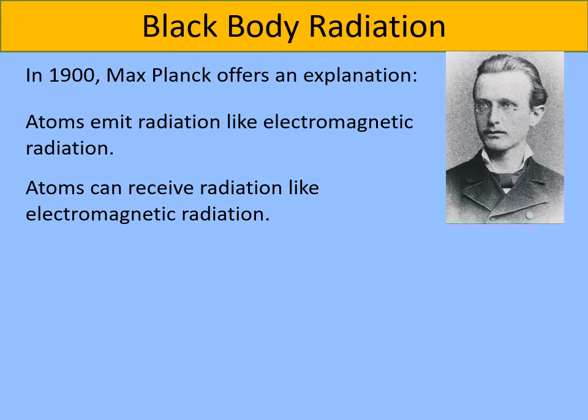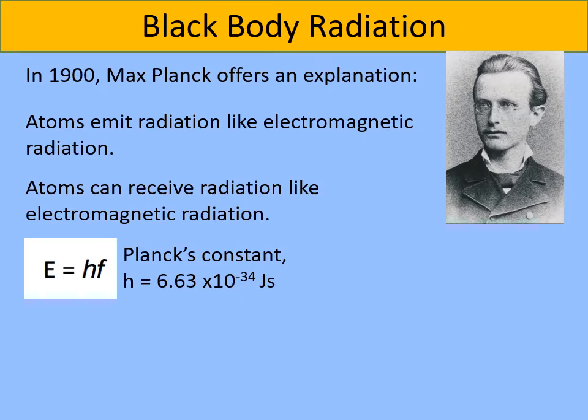He suggested that the energy value was based on the frequency multiplied by a number that he determined. And this number was basically what we now know as Planck's constant, 6.63 times 10 to the power minus 34 joule seconds.